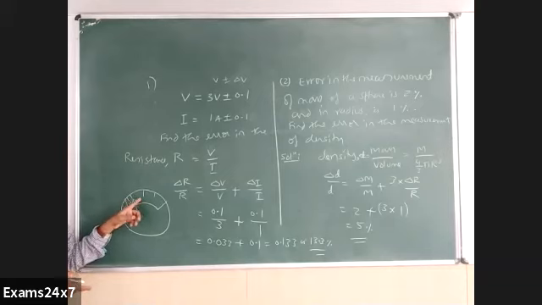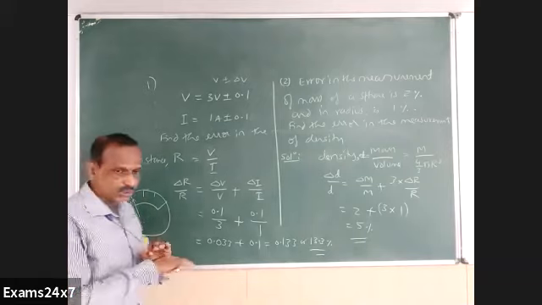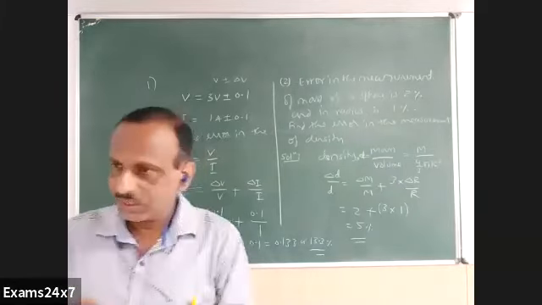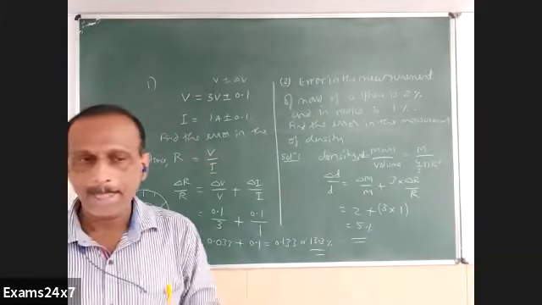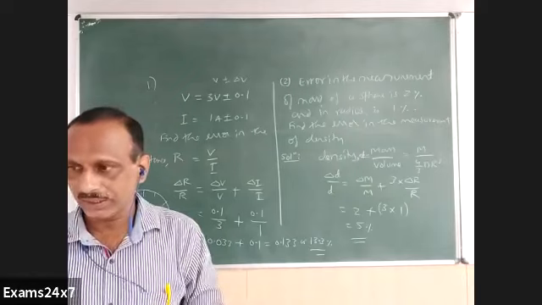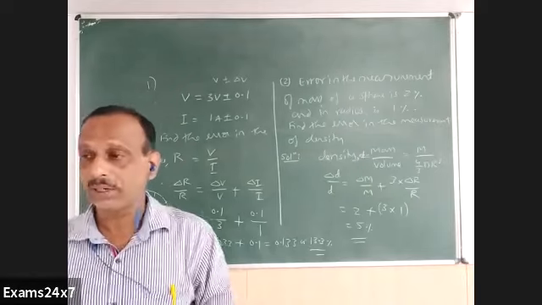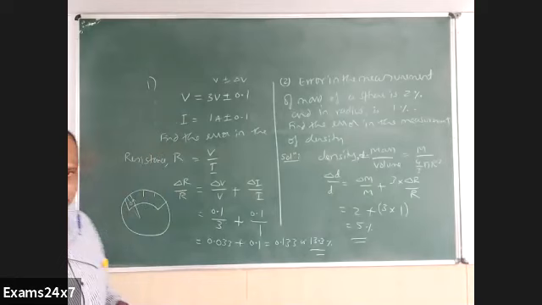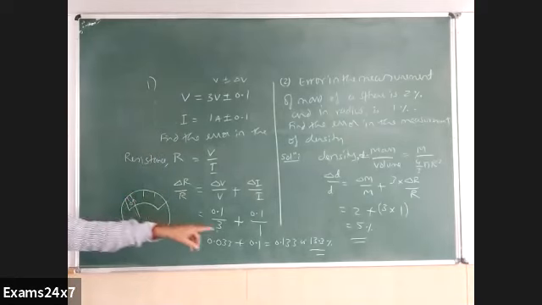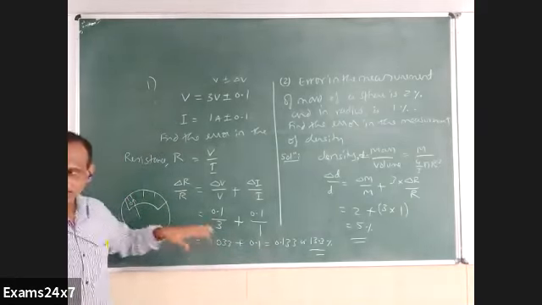So 1.5 actually is to be taken as 1 in this case, 2.5 as 2. So that is an error because it is not staying on 0 in the beginning. So this way, when an instrument has some such imperfection, our readings are not definitely correct. Some correction factor may have to be applied for such readings. And for that reason, we are mentioning these errors along with the answer.